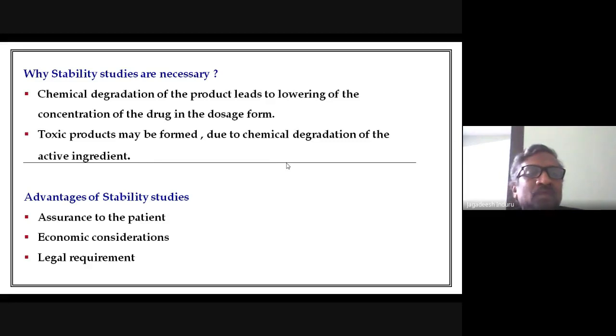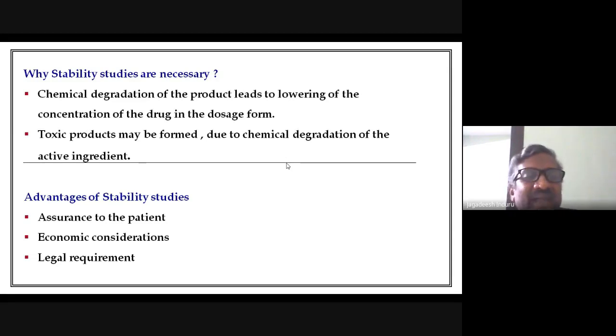Okay. So what advantage are we going to gain from the stability studies? By studying the stability, we have the chemical degradation studied. We need to establish the toxic product. And the advantage is the assurance to the patient that what he is taking is not going to cause damage to him and he is going to get the cure of the disease.